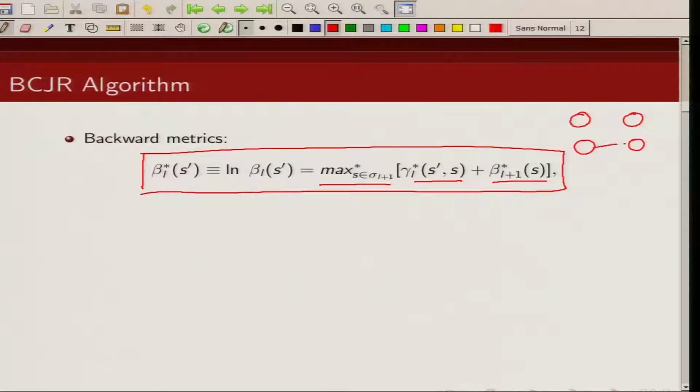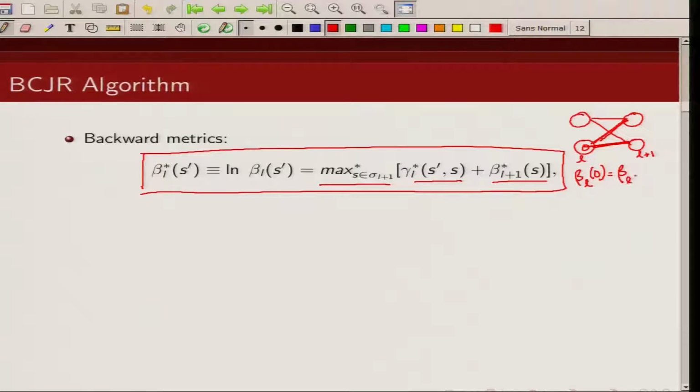So, let us say you had some this thing. If you are interested in computing beta at time L, let us say this is time L plus 1, beta L 0 will be, these are the two branches that are terminating here.